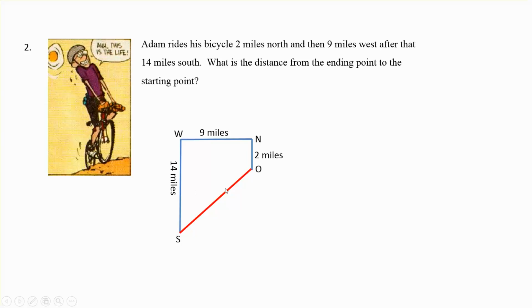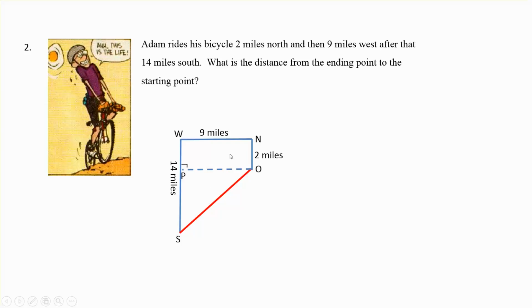To help us answer this question, we can draw one guideline from O to WS. This is the line, and I give the intersection the name P. Now this figure becomes 2 parts.